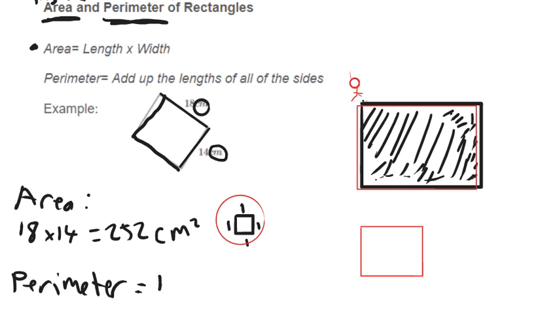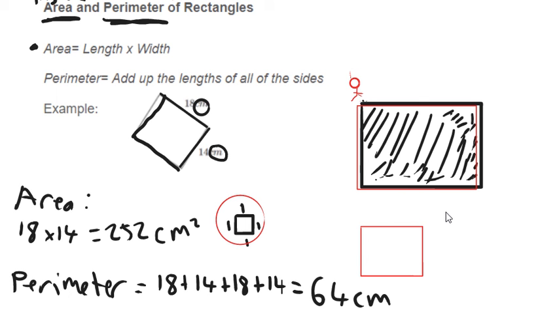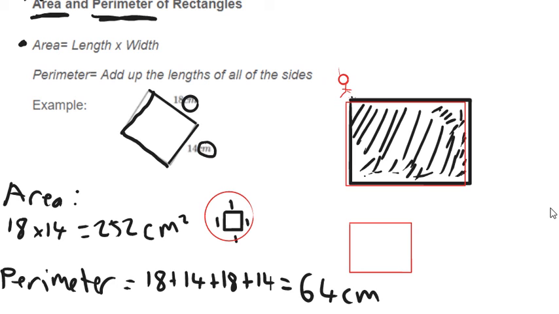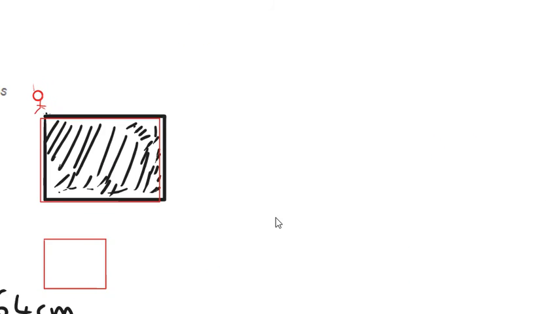So it's going to be 18 plus 14 plus 18 plus 14. That's going to give me 64 centimeters altogether. So perimeter is 64 centimeters.